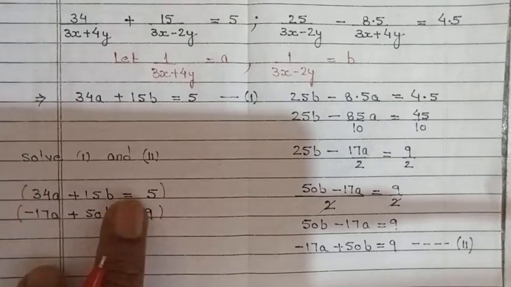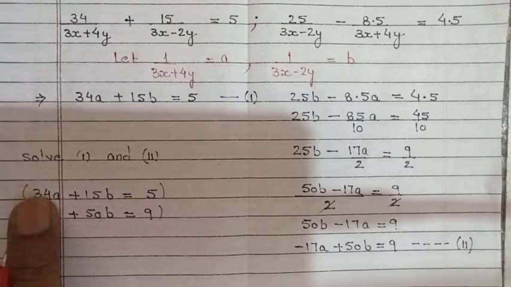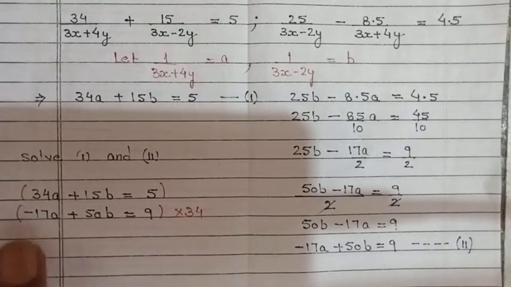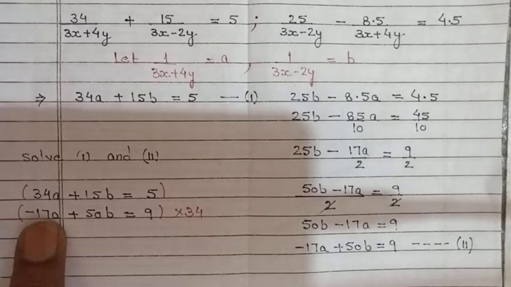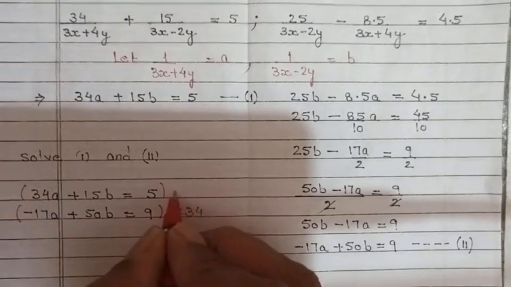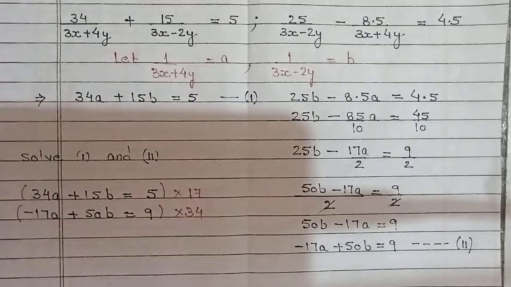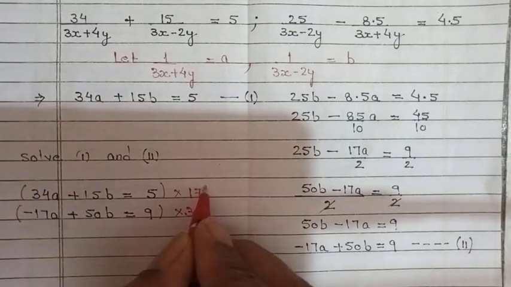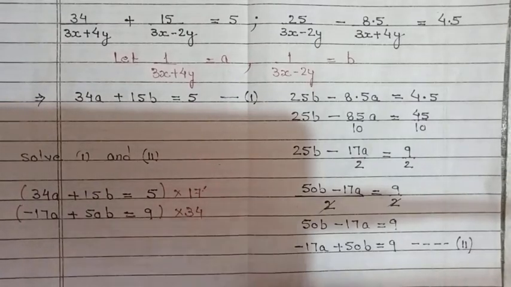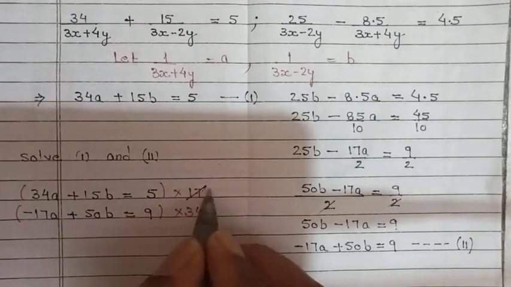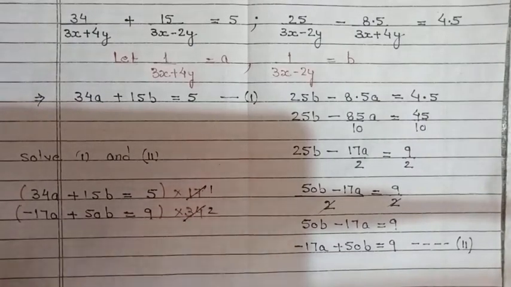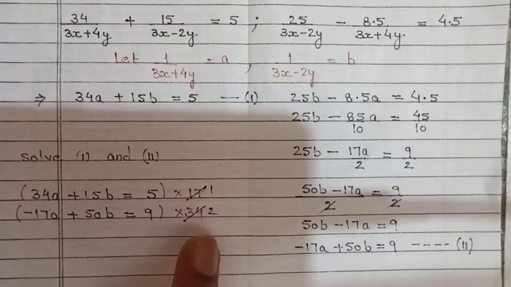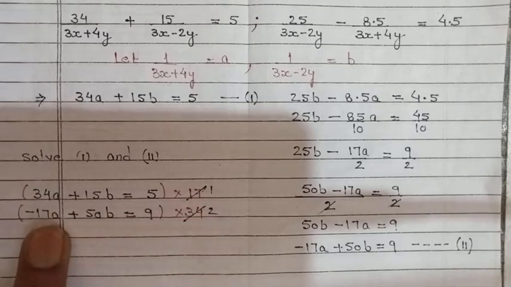In the first equation the coefficient of a is 34, so you will multiply the second equation by 34. In the second equation the coefficient of a is 17, so you will multiply the first one by 17. Now if these two numbers can be reduced, reduce them. These two numbers can be reduced by 17. So that means the first equation will be multiplied by 1 and the second equation will be multiplied by 2.